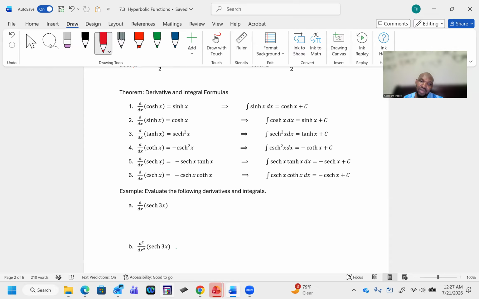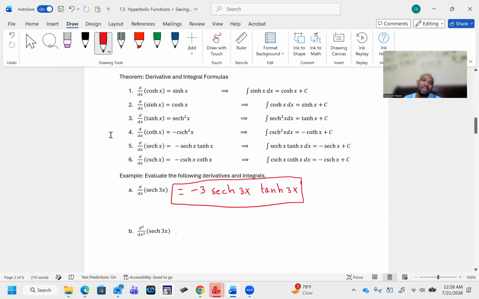So this will just be negative 3 times hyperbolic secant of 3x times hyperbolic tangent of 3x, and that's it, right? This is my derivative.